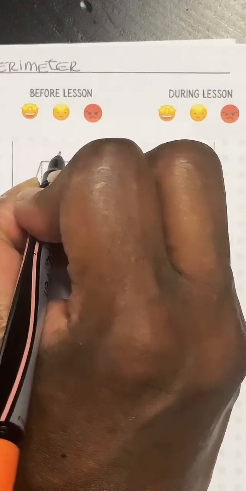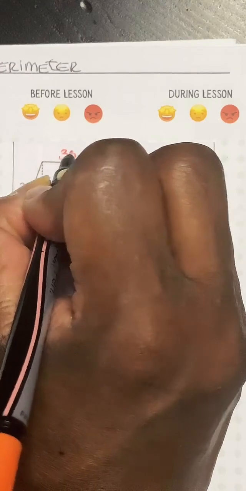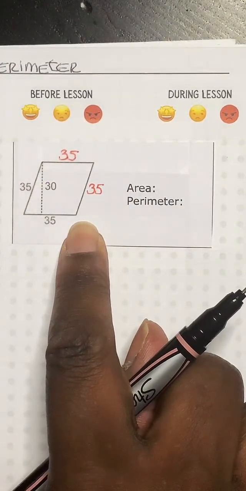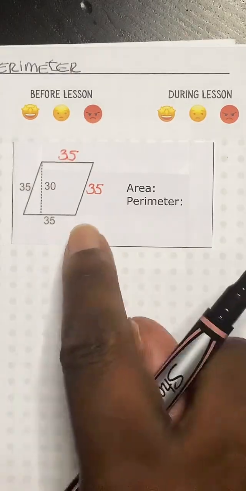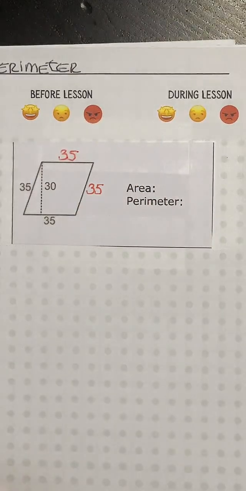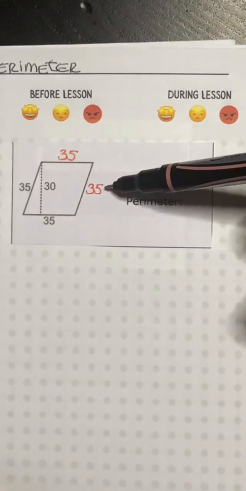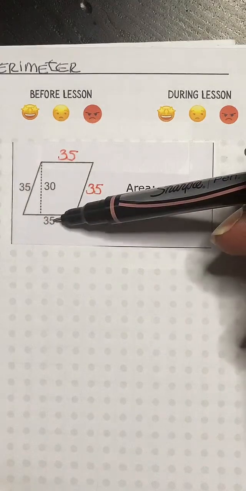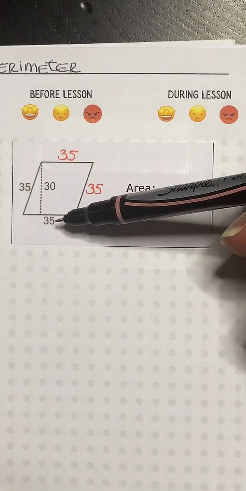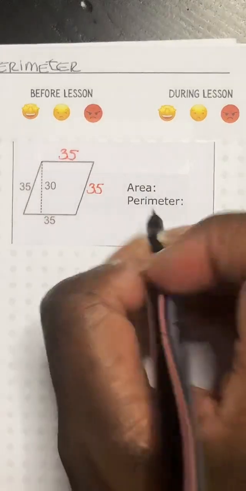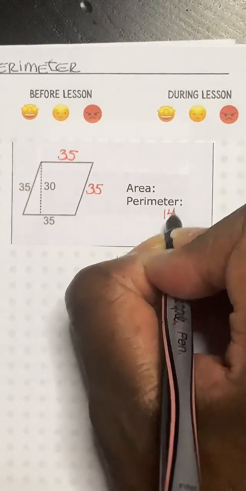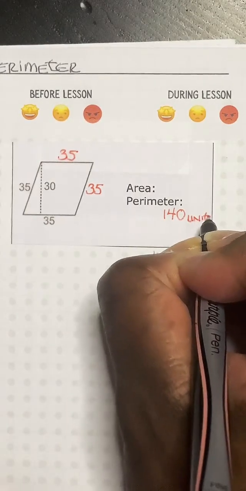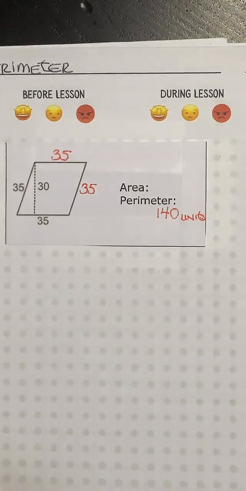And this side up top will be 35. So if we're trying to find the perimeter, all we have to do is just add up all the sides. So 35 plus 35 will give me 70, that means this 35 and this 35 gives me 70. So 70 plus 70, that will give us 140. And if they don't give us the units, we just write the word units.